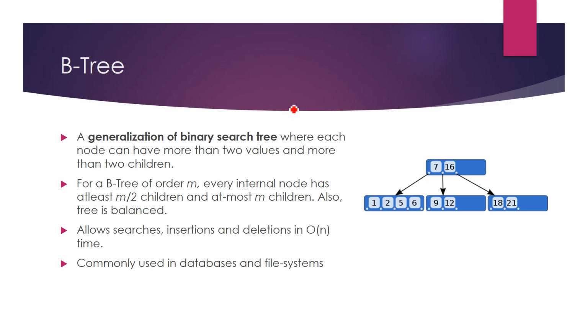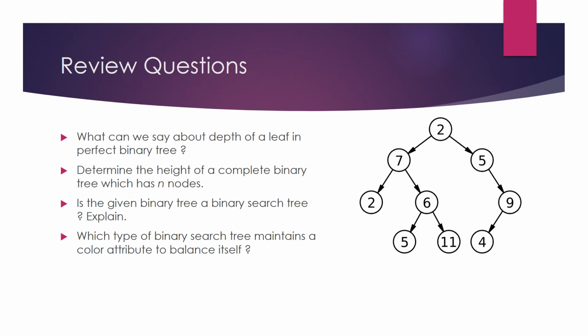In this case, if we take 7 as a node, all its children are from 1 to 6, and anything in between 7 to 16 is stored in the second node, which is 9 to 12. This is used in databases and file systems for searching. So cool. Looks like we are already done with binary trees and their variants.